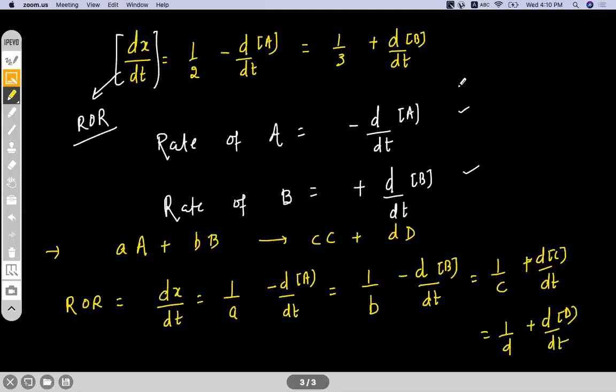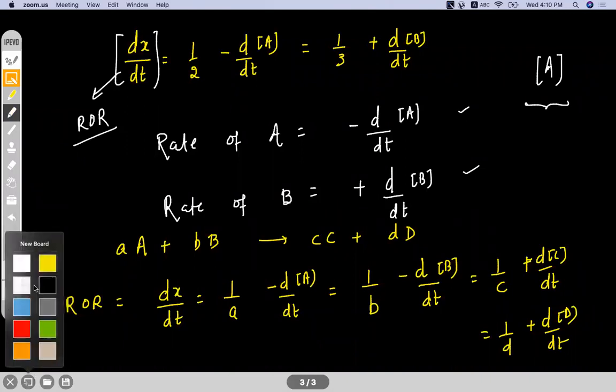One last thing: in this chapter, whenever I write A in square brackets, the square bracket means the concentration of A. So this term itself means the concentration of A we are talking about. We had talked till here last class.